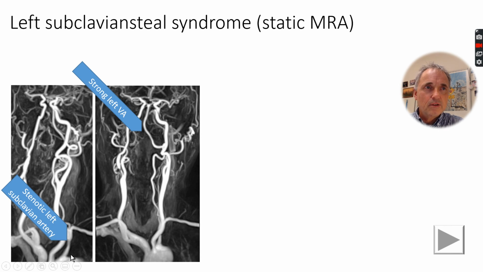In the static MR angiography, we see the subclavian stenosis, not very prominent, and we see a strong left vertebral artery, and how it is supplied in the intracranial circle of Willis.